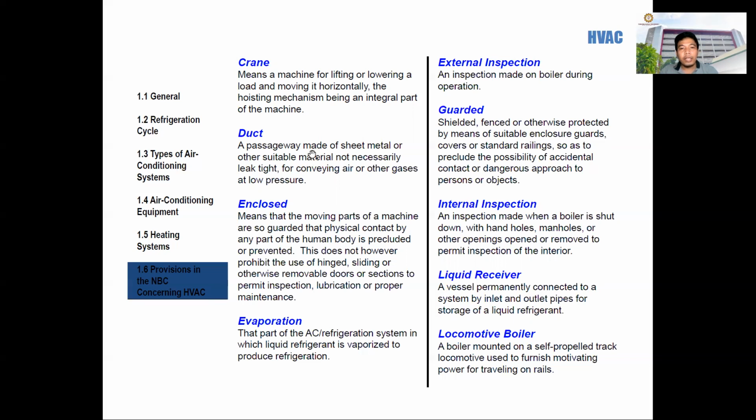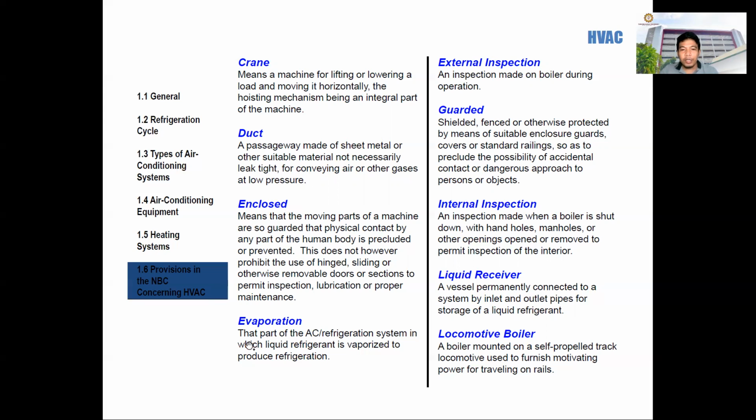So a passageway made of sheet metal or other suitable materials, not necessarily leak tight, for conveying air or other gases at low pressure. And then we have enclosed, means that the moving parts of a machine are so guarded that physical contact by any part of the human body is precluded or prevented. This is also discussed in building conveying system.